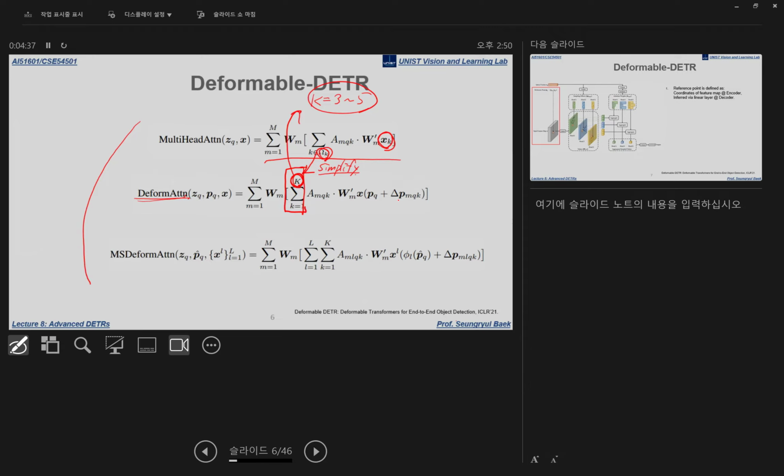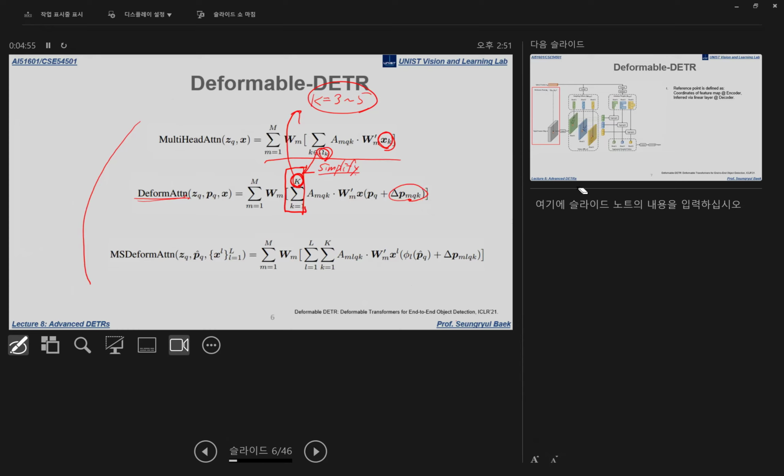Okay, so now we will estimate some offsets from the query vector, some query pixels, and then for that location, we will get the 2D feature values.